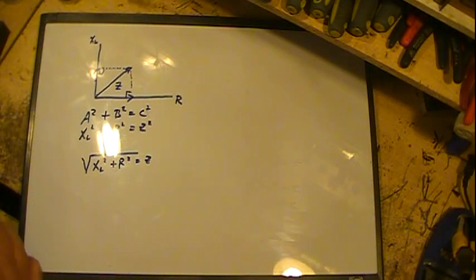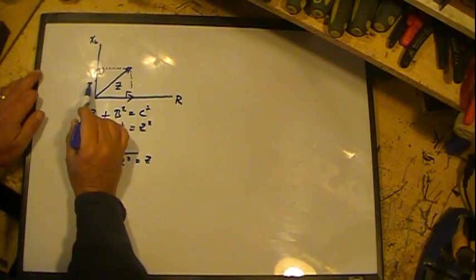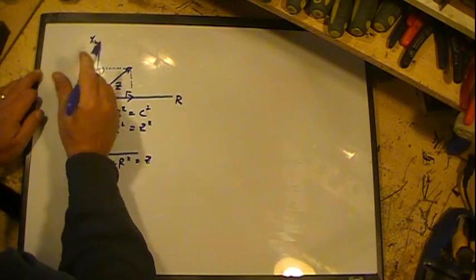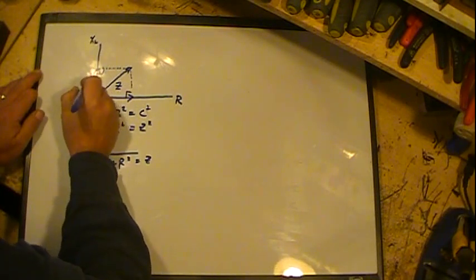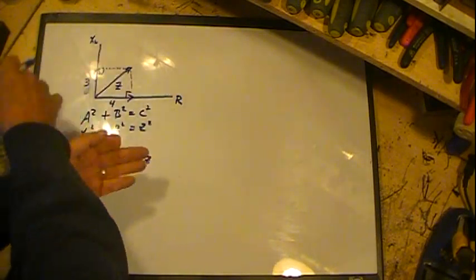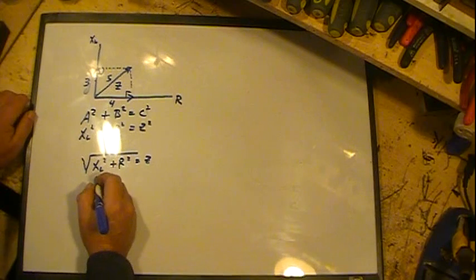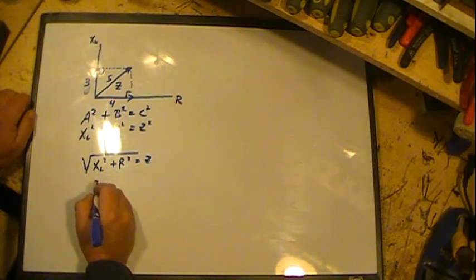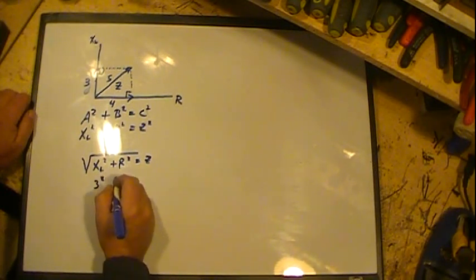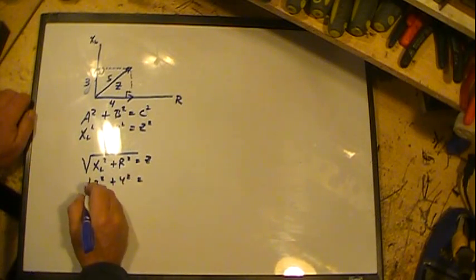Now if I go back to the 3, 4, 5 triangle, I could say that I have 3 ohms here, 4 ohms resistance. Now that can be either way. Then impedance must be 5 ohms. Again, it'd be just 3 squared plus 4 squared. Take the square root of that.